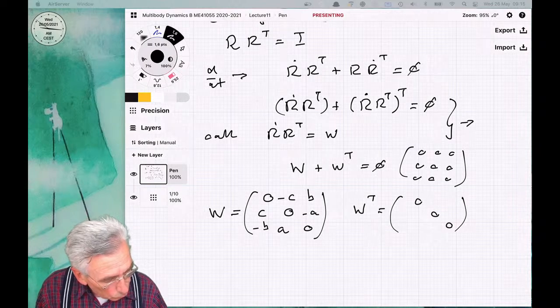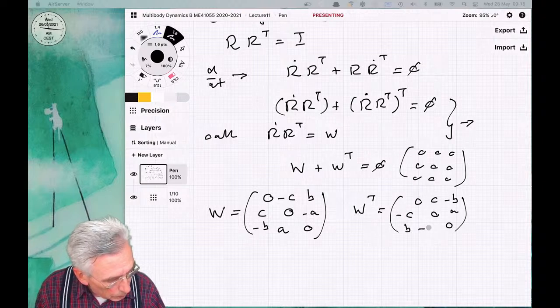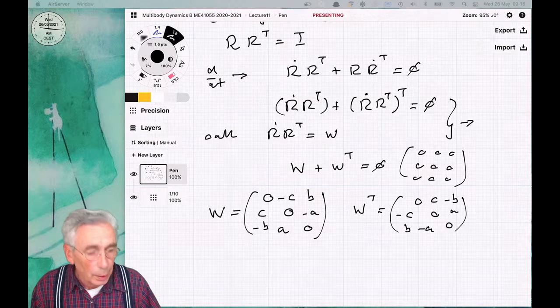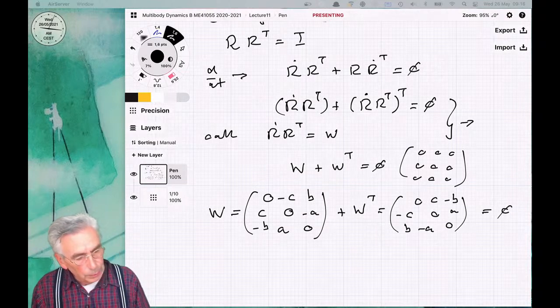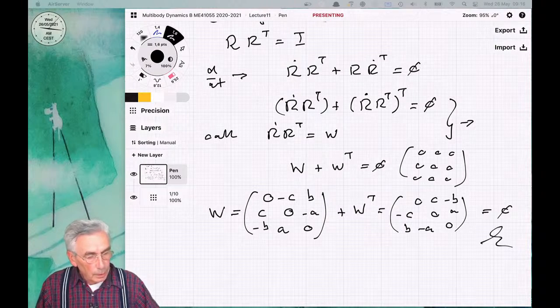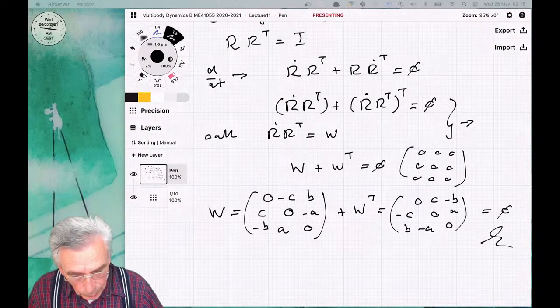And then you just flip the whole thing, right? C minus B, A, minus C, B, minus A. And of course you can check, if you add these two up, of course the answer is all zeros. So that works. So this is a nice way of defining this omega.